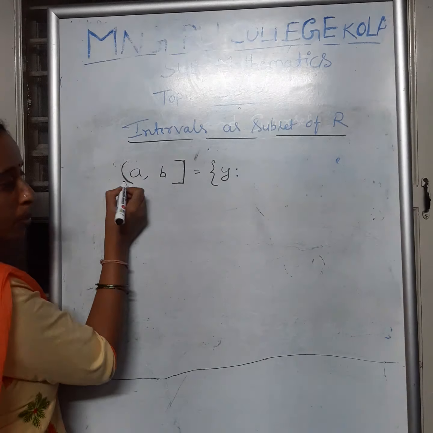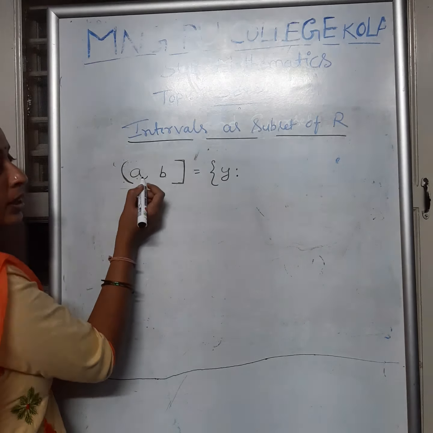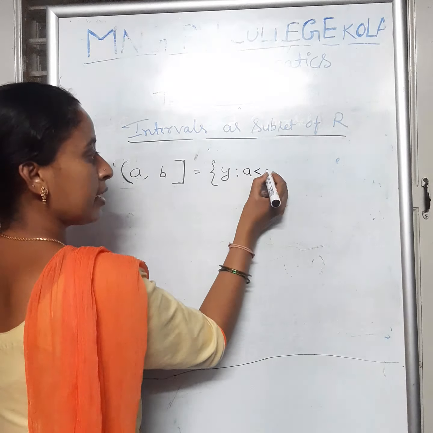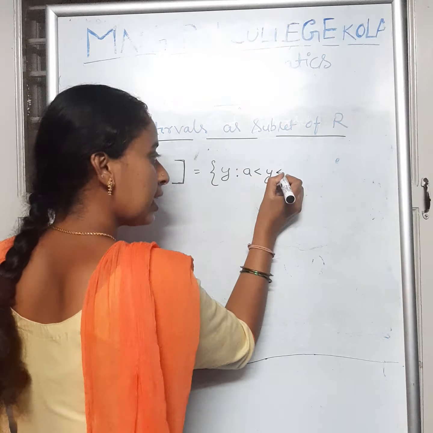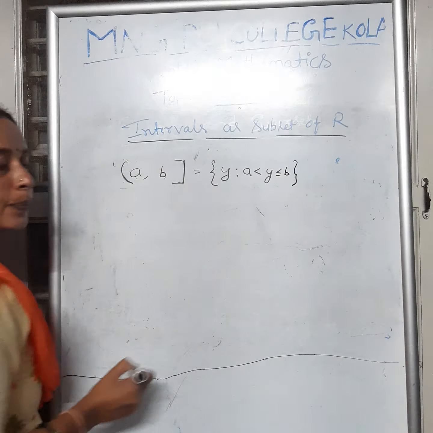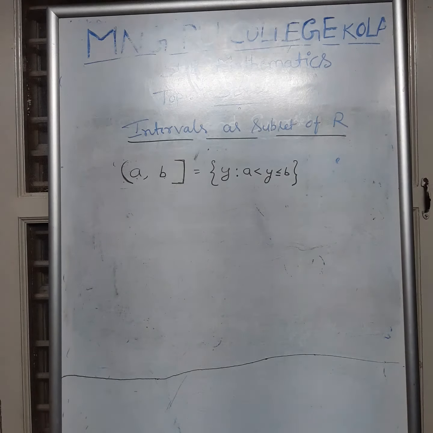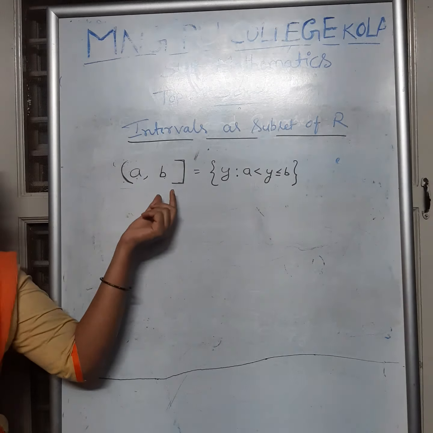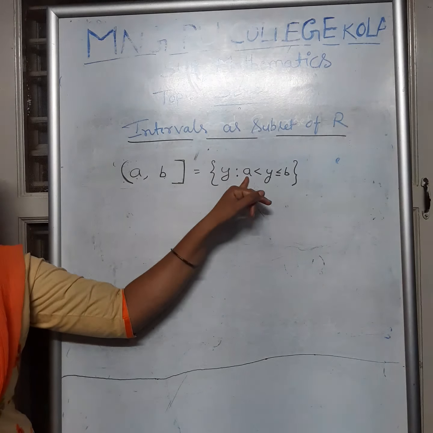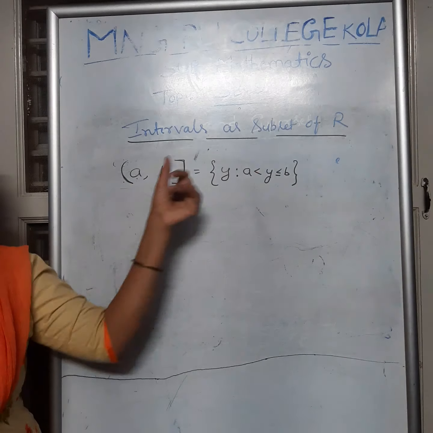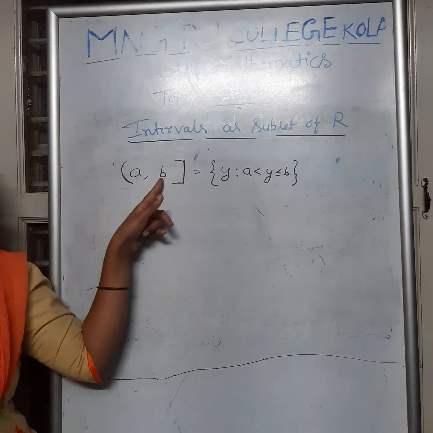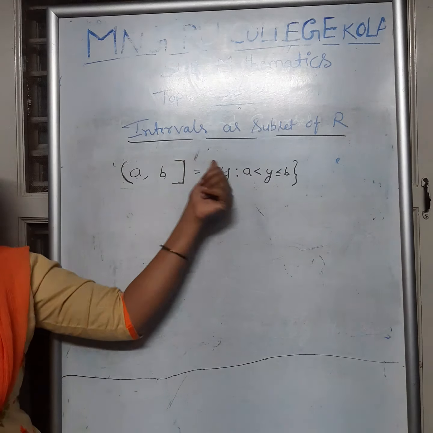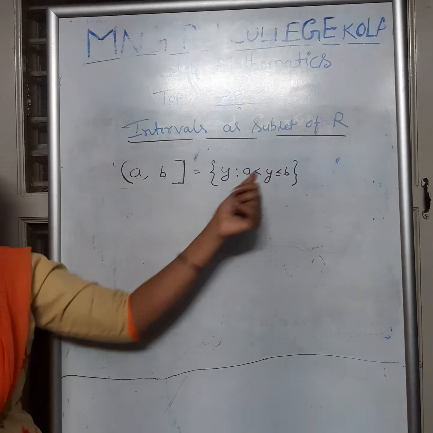In the open bracket we don't consider endpoints, that's why a less than y, but in the closed interval we consider the endpoint, that's why less than or equal to b. This is called a half-open interval. So in excluding A but including B, excluding means leaving A, we take the values that come after A, but here including B means whatever the B value is, we also consider that end point, right.